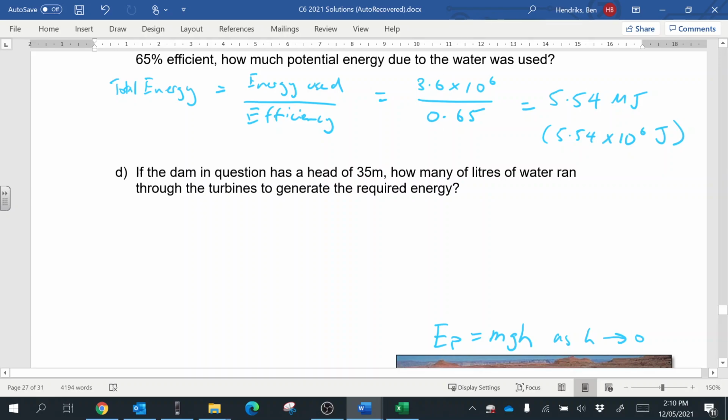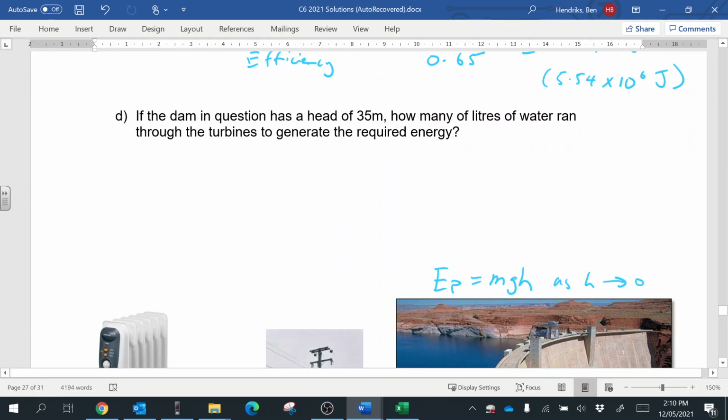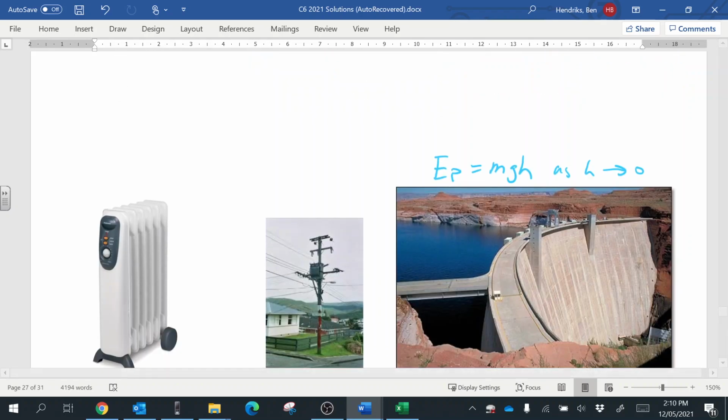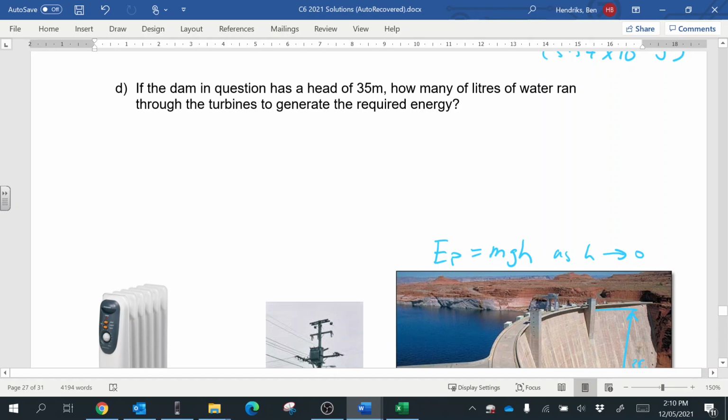And anyway, if the dam in question has a head of 35 meters, that means if this is 35 meters tall, how much potential energy does the water have? And remember that 1 liter of water is equal to 1 kilogram.